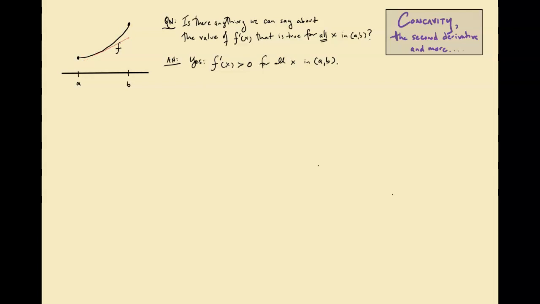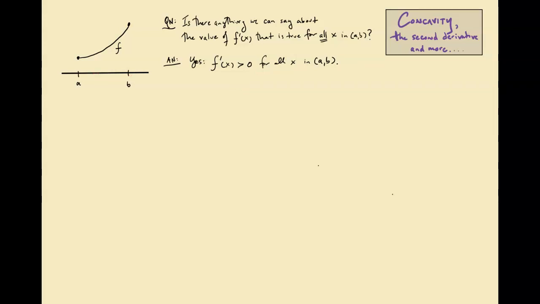Now, at some places, the slope will be steeper than others. It looks like it's steeper over here than it is down here, for example. But since this function is increasing the whole way, the slope will always be positive, which means, of course, that the derivative will always be positive for every value of x in that interval.